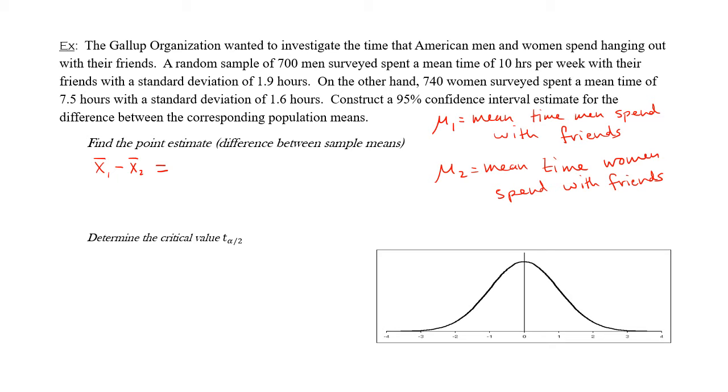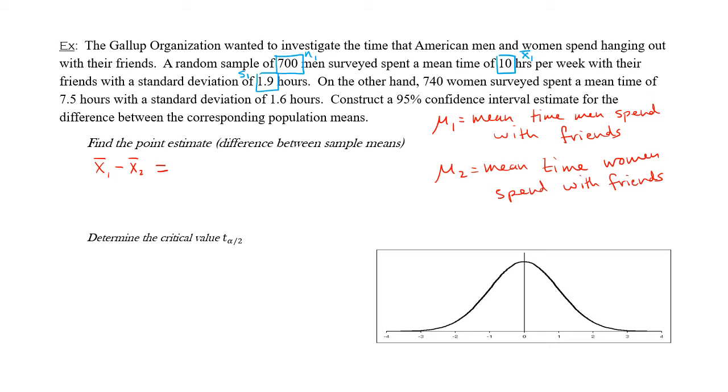So in this first sample, we had 700 men surveyed, so that's the sample size of our first group, n1. And they spent a mean time of 10 hours per week, so that'll be x bar 1. And their standard deviation was 1.9 hours, so that's S1.